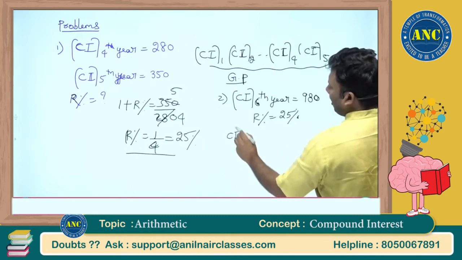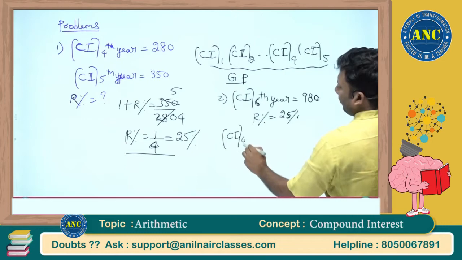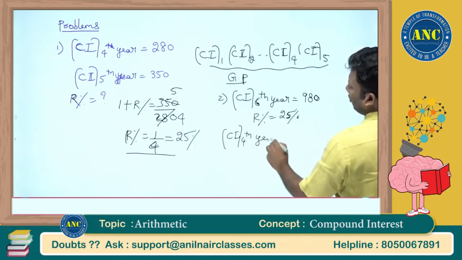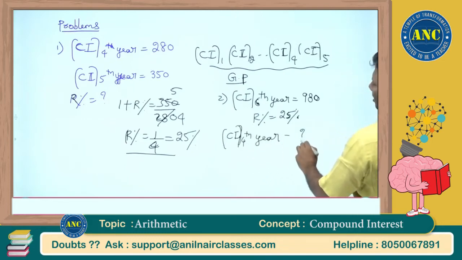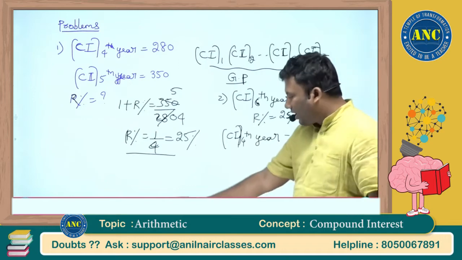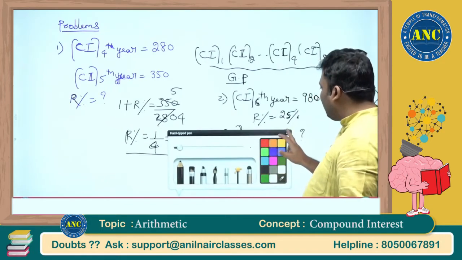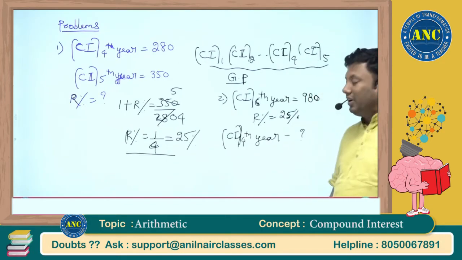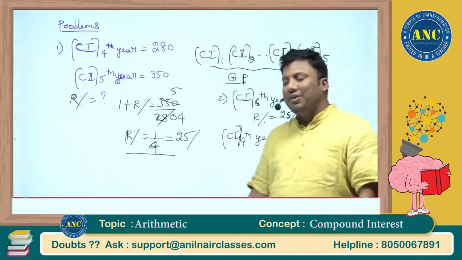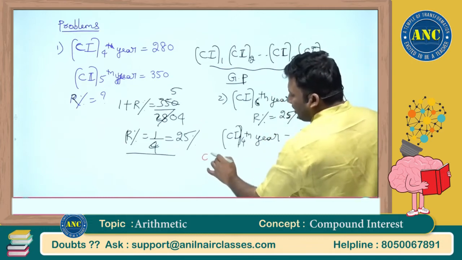I want CI for the 4th year. Another good question, sir. CI for the 6th year is 980, and R percentage is 25 percentage. CI for the 4th year. What is it that we have discussed?